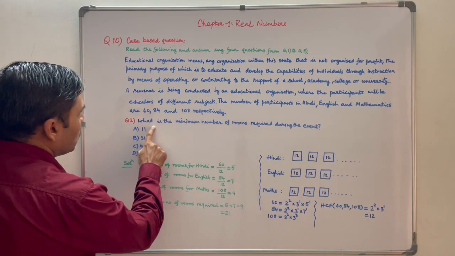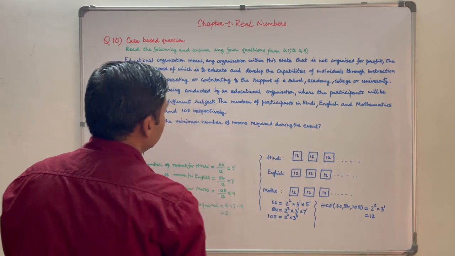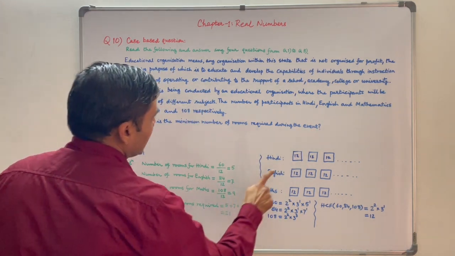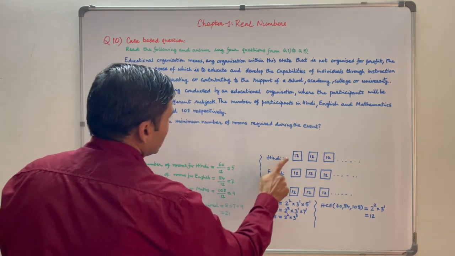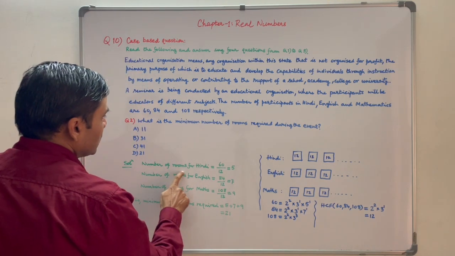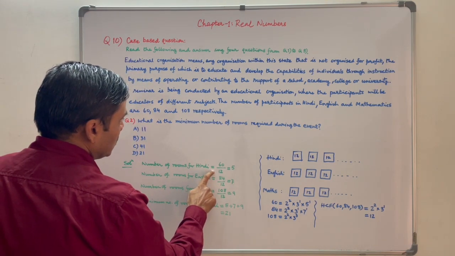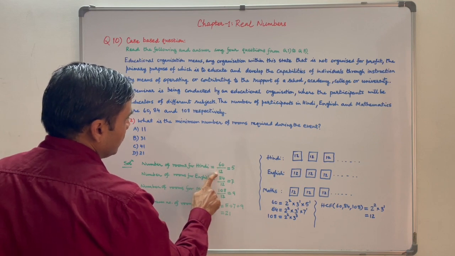Second question, what is the minimum number of rooms required during the event? We have found out that the HCF of these three numbers is 12. So there are 12 people sitting in each room. So number of rooms required for Hindi will be equal to number of people related to Hindi upon capacity of each room.